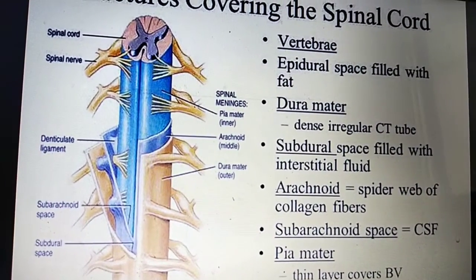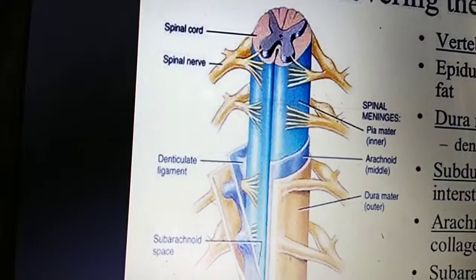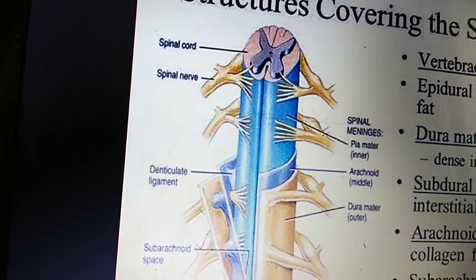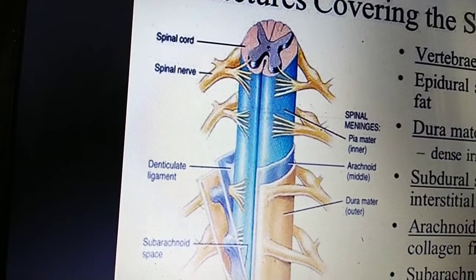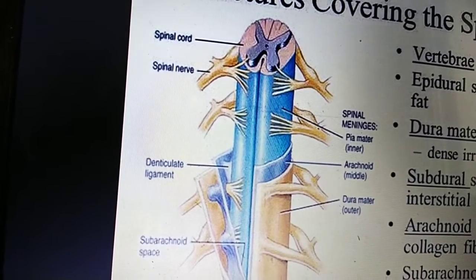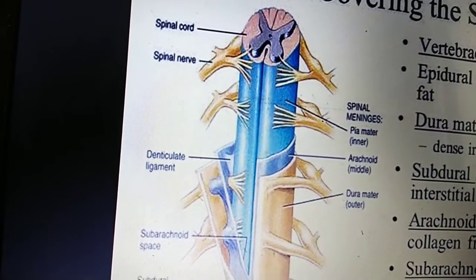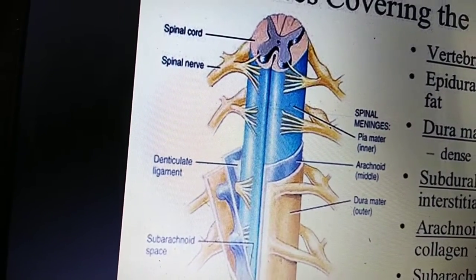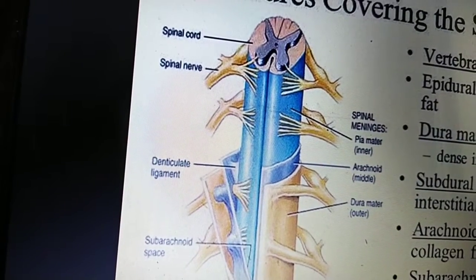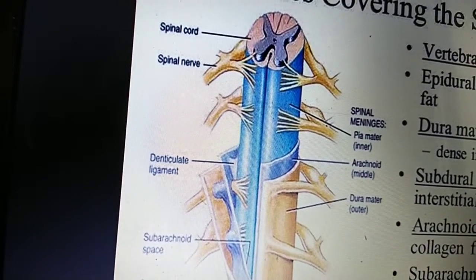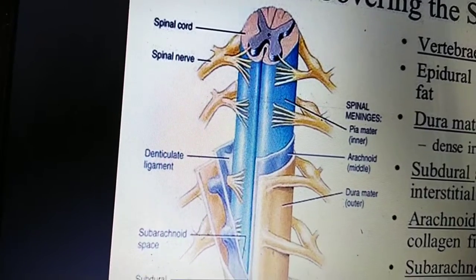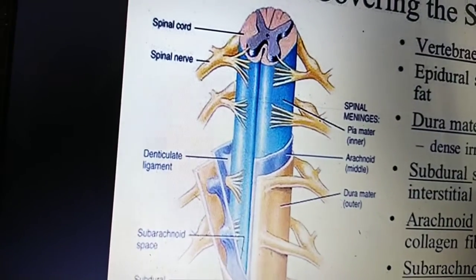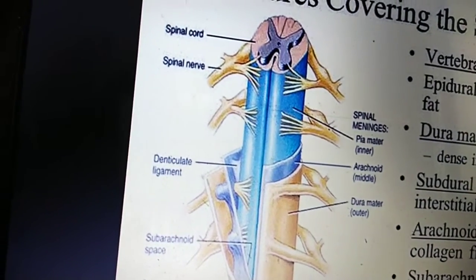Subdural space is filled with interstitial fluid. Arachnoid is a spider web of collagen fibers, and then the subarachnoid space, and then the pia mater. Okay, it is a thin layer that covers the brain, covers the white matter of the spinal cord, and denticulate ligaments hold it in place.